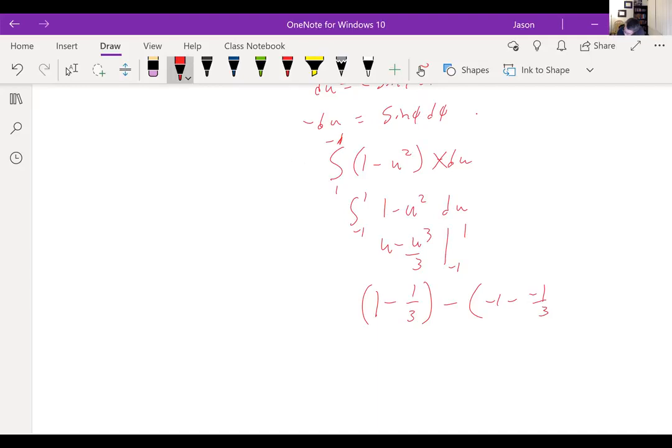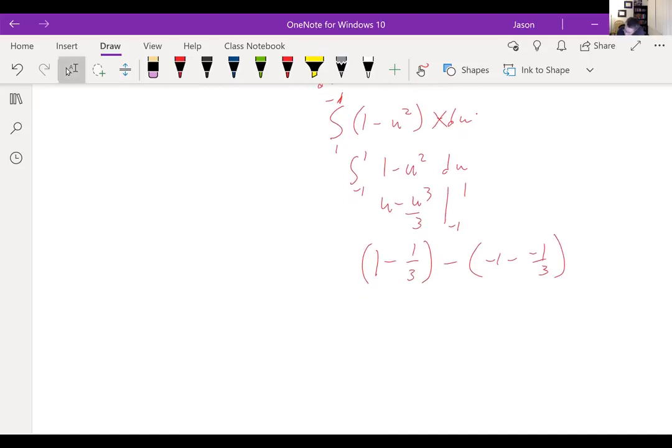So this is 2/3, and this is negative 2/3. So that's minus a negative 2/3, which is 4/3. So 4/3 is what I get from that.